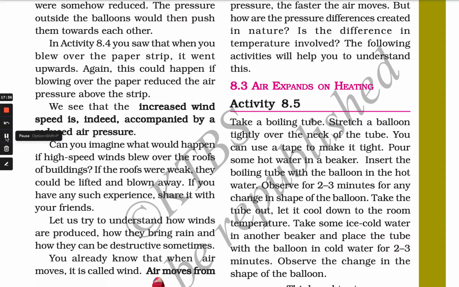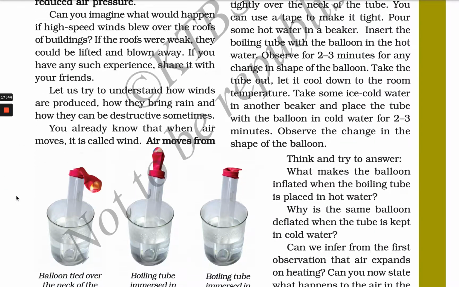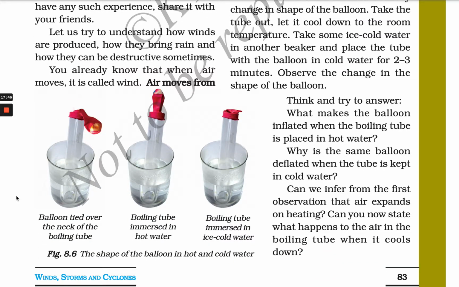For that, there is another activity that is shown to you all. Let us do that activity that is given here in this particular figure 8.6, where it involves a balloon, a boiling tube, and a beaker with some cold and hot water.